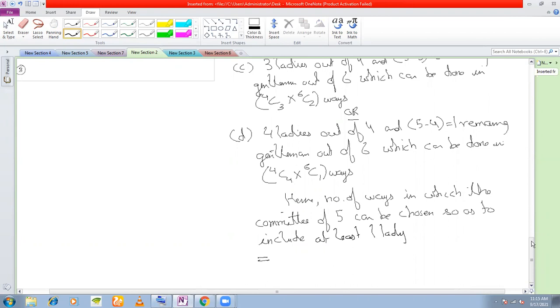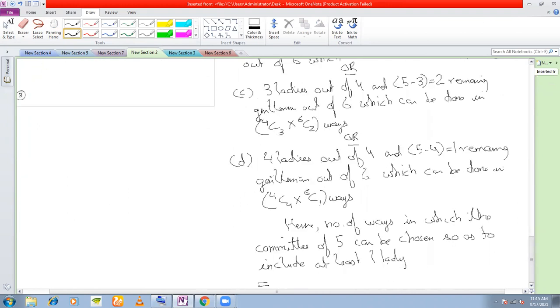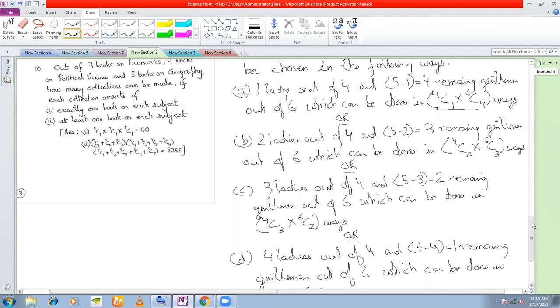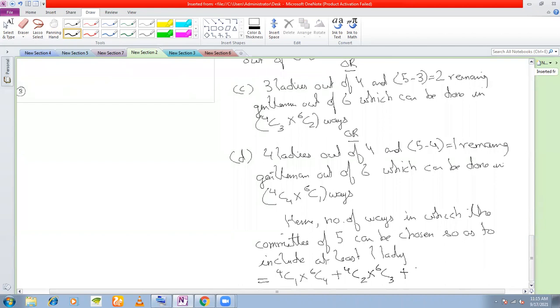Is equal to 4C1 into 6C4 plus, because you have an or in between, 4C2 into 6C3 plus 4C3 into 6C2 plus 4C4 into 6C1.